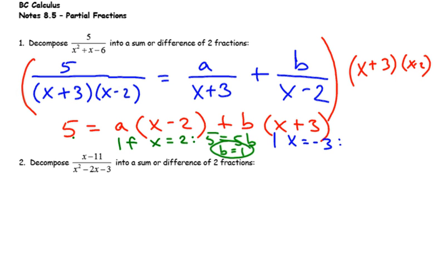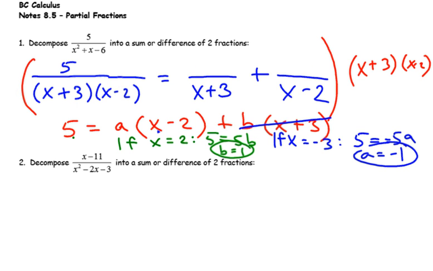And so if x equals negative 3, then you'll get the equation 5 equals, the B is going to cancel out. And if I plug in negative 3 for x, you would get negative 5A, making A be negative 1. Okay, so now you found A and B. So now all I have to do is plug in A is negative 1 and B is positive 1. And that is how that fraction decomposes.